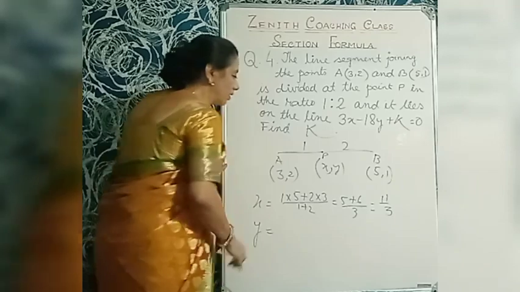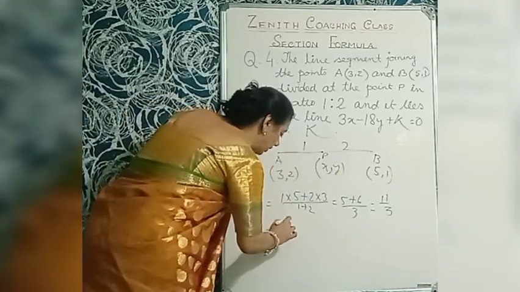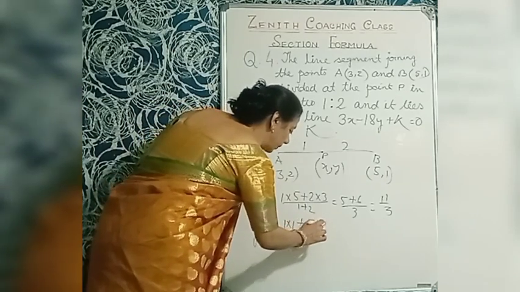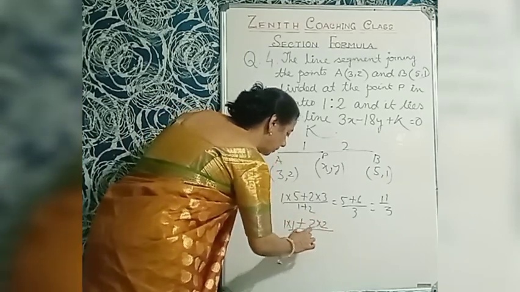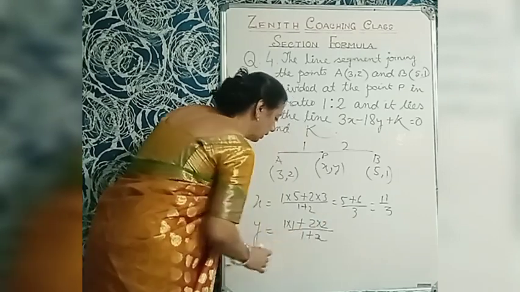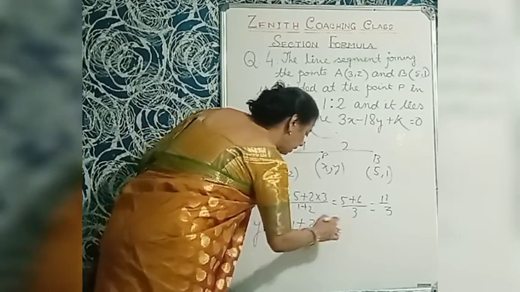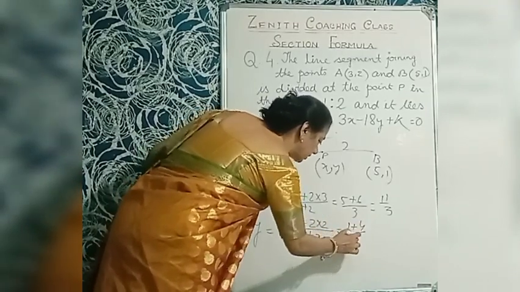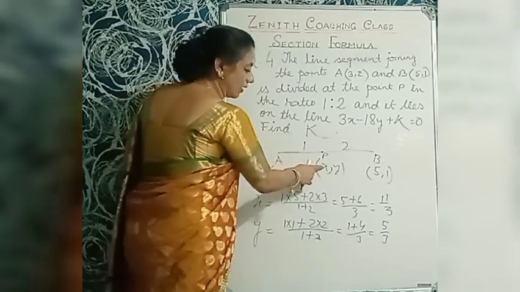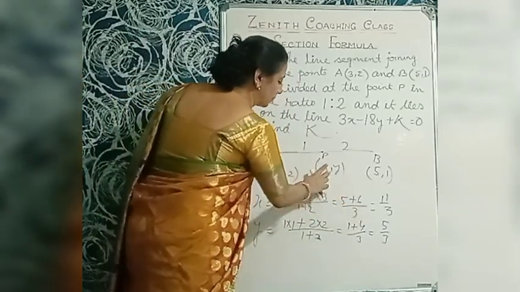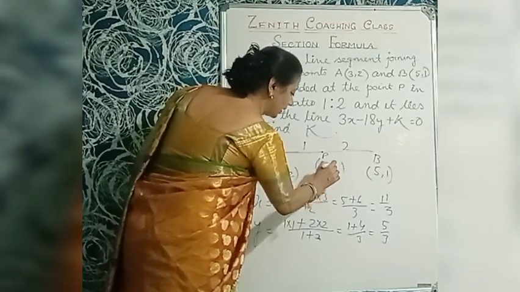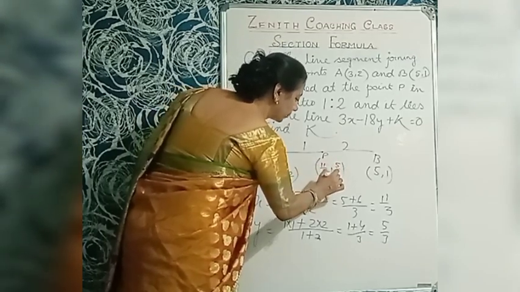Okay. Now y equals 1 into 1 plus 2 multiplied by 2, by 1 plus 2, equals 1 plus 4 by 3, that is 5 by 3. So x is 11 by 3 and y is 5 by 3.